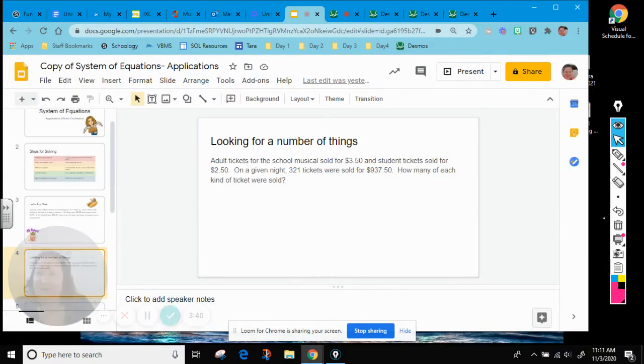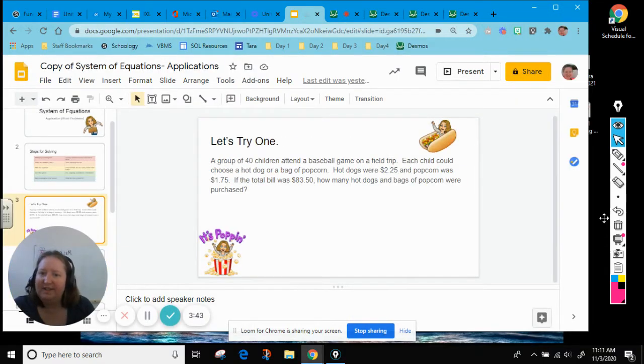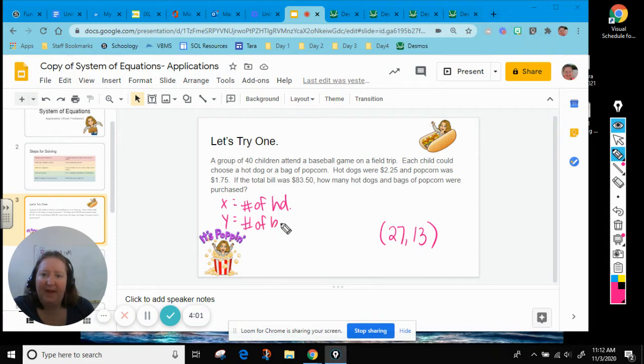I go back to the slides. (27, 13). I'm going to write that as an ordered pair. Okay, well, I'm coming back here to what these X's and Y's were. This was the number of hot dogs, right? And this is the number of bags of popcorn, right? So that's what these values mean. 27 hot dogs, right?